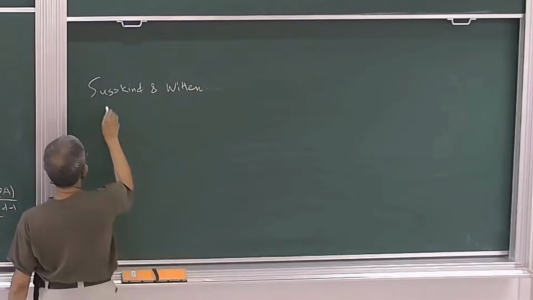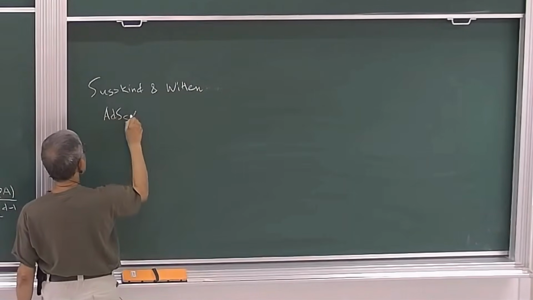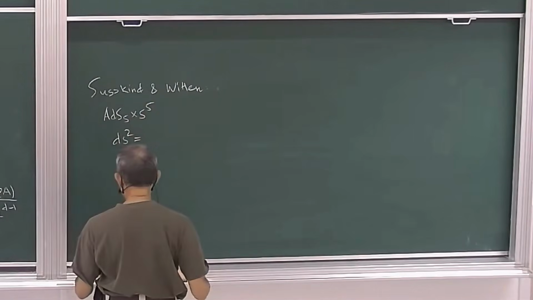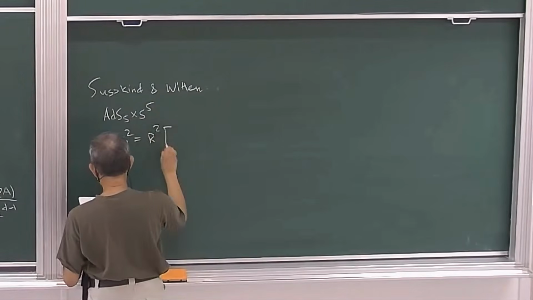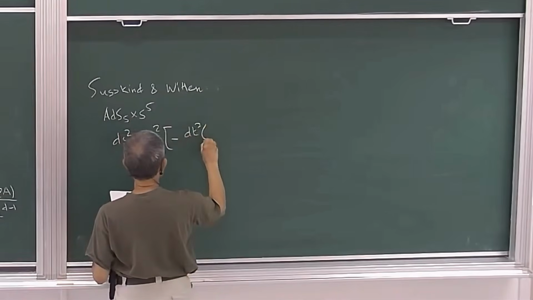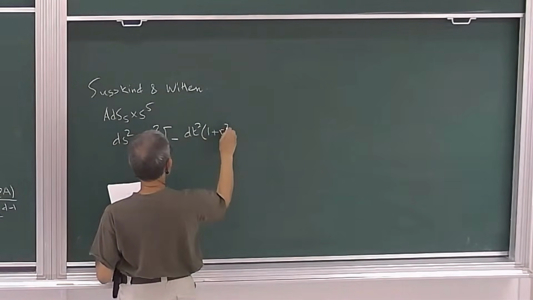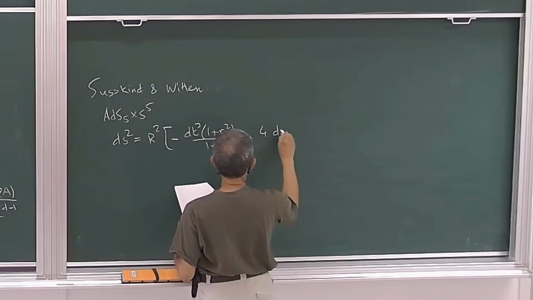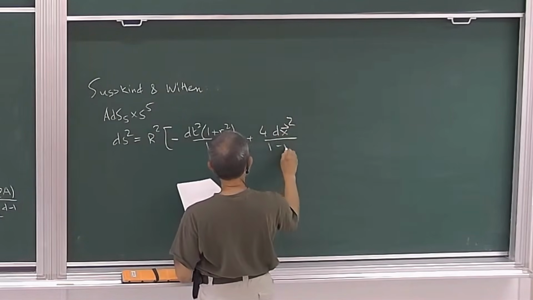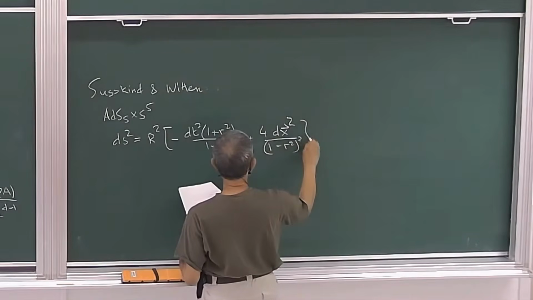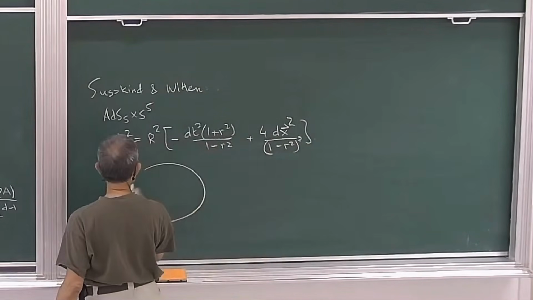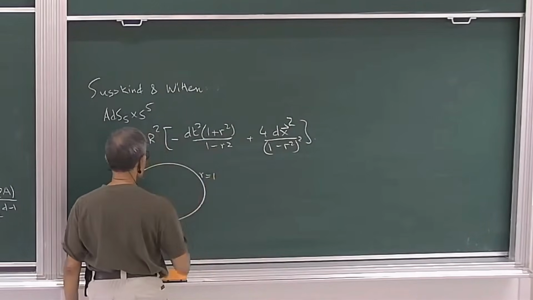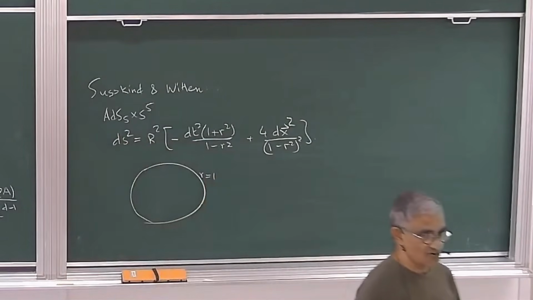So in their example, you take AdS5 x S5, and you use some coordinates, I think they're called ball coordinates. It is like a ball at a given time slice. R equal to 1 is the boundary, R equal to 0 is the center in these coordinates.